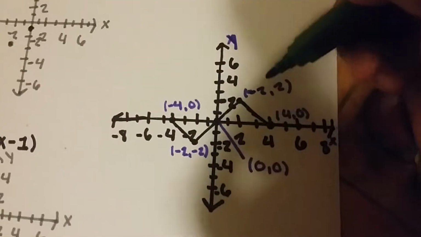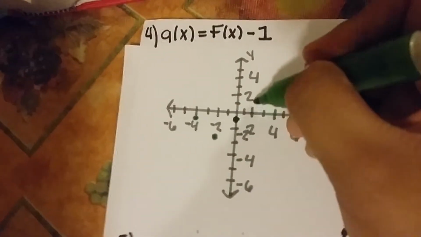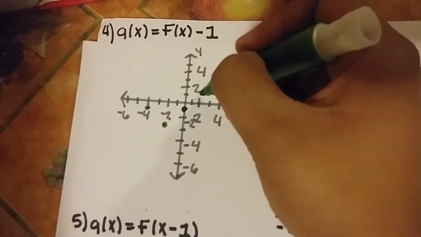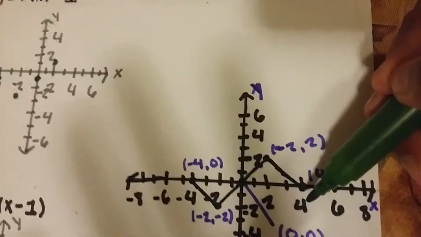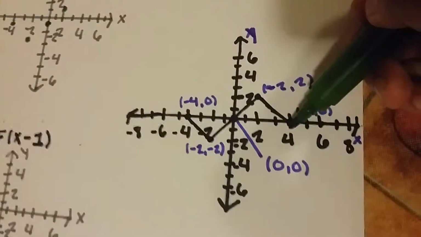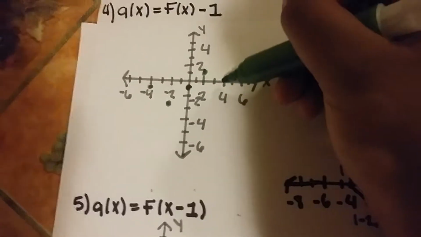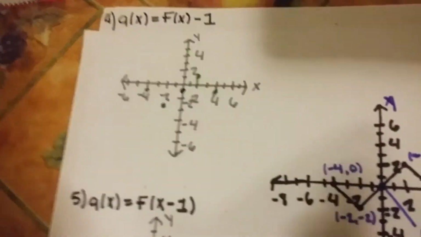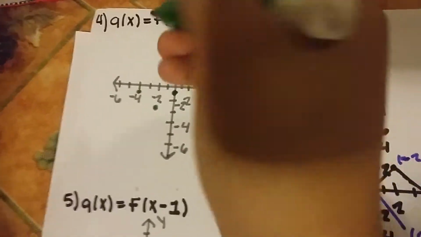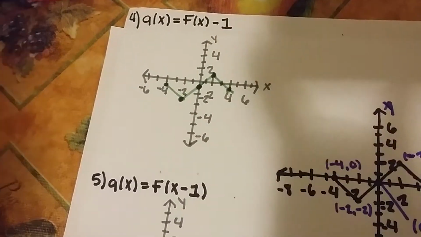Your fourth point is at positive 2, positive 2, so you will move it down 1 to be equal to positive 2, 1. Your fifth point is 4, 0. Therefore, you will move it 1 down to be equal to 4, negative 1. And that will be your graph.